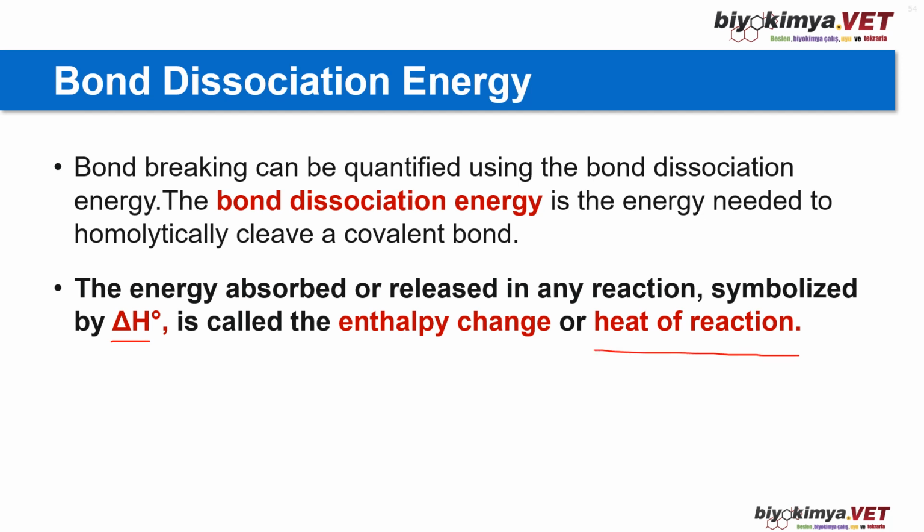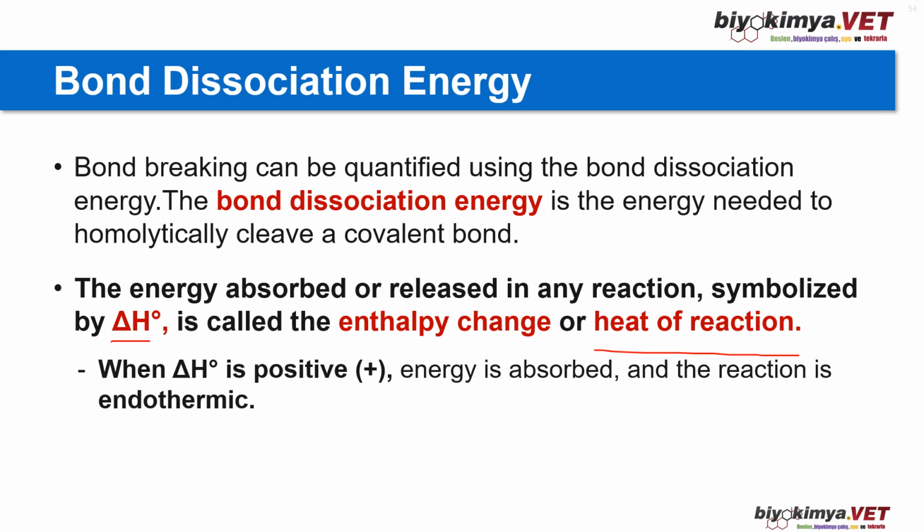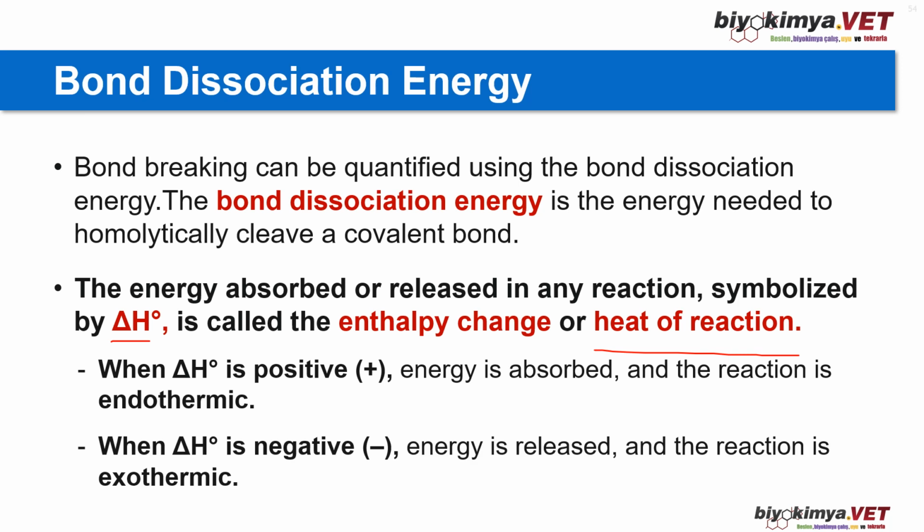So enthalpy can be explained by the formation of bonds or bond dissociation energy. When the enthalpy change is positive, energy is absorbed and the reaction is endothermic. When the enthalpy change is negative, energy is released and the reaction is exothermic.